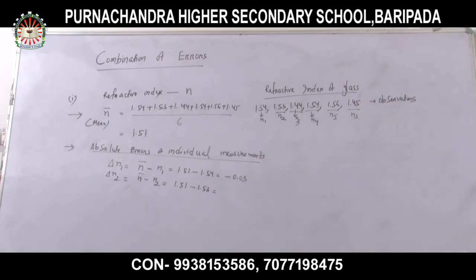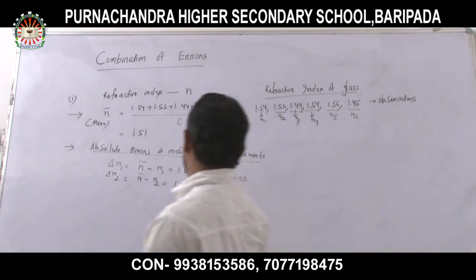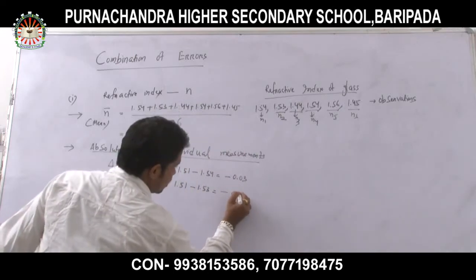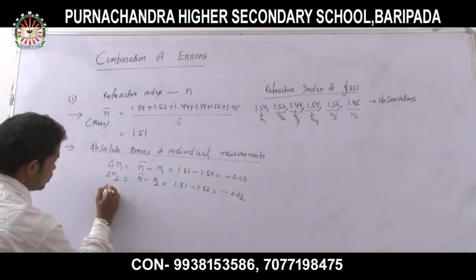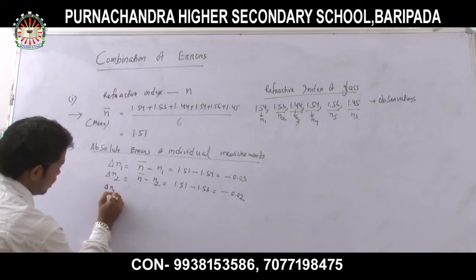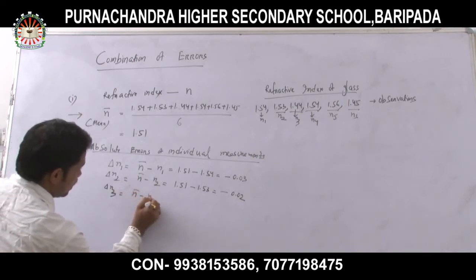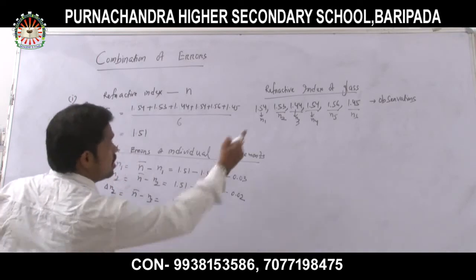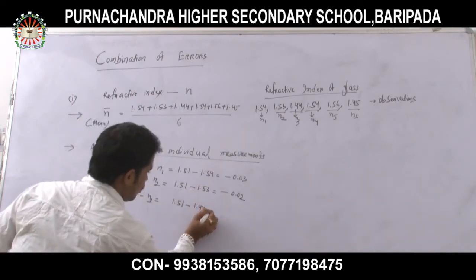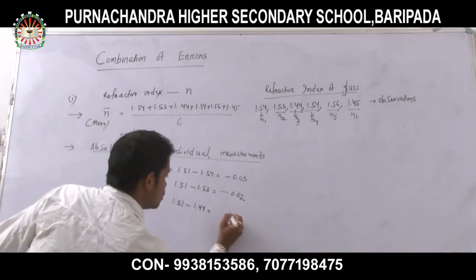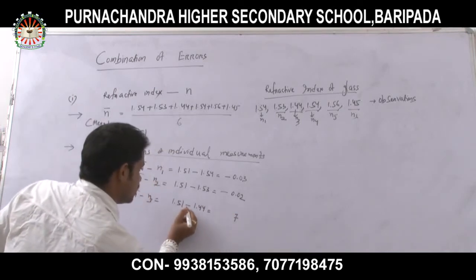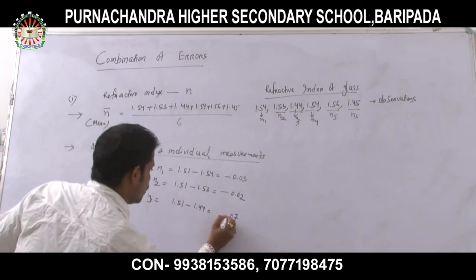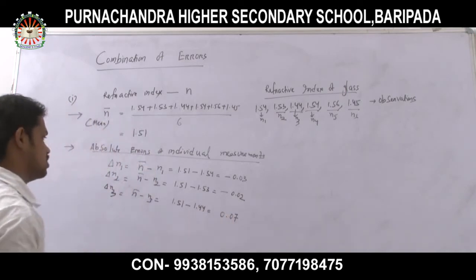So this is minus 0.02. In this way, del n3 is n bar minus n3, that is 1.51 minus 1.44, which is 0.07.